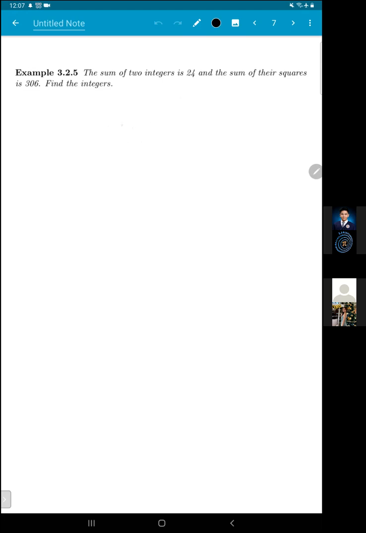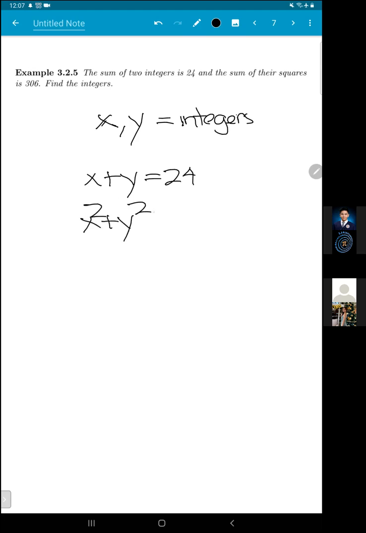So if we let x and y be the integers, then the sum of the two is 24, so that gives you x plus y equals 24. And then the sum of their squares is 306, so easy setup. And then this results in a system which you can solve by substitution. We solve for y in terms of x, then plug in here.